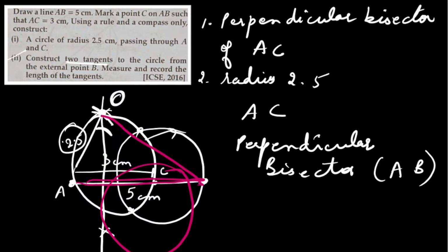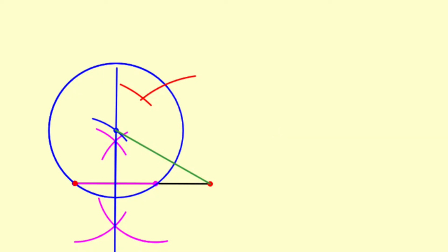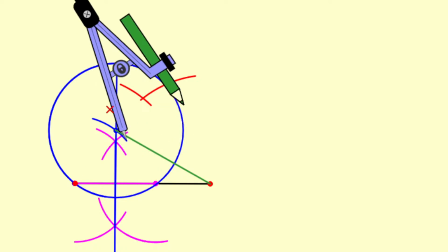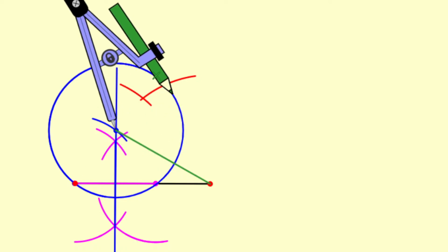So for that, I am just joining O with B. Here we have point O and here we have point B. So I am joining OB, then drawing the perpendicular bisector of OB. The green color line is OB.